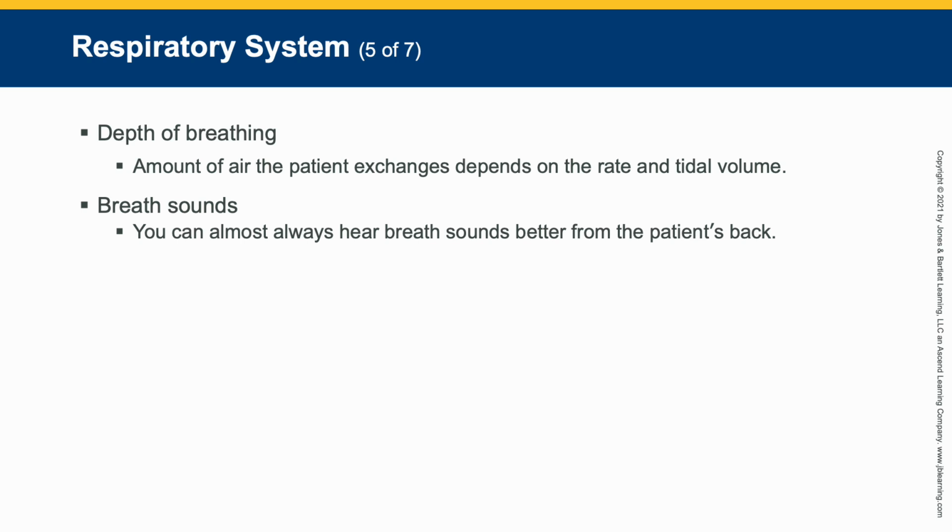So it's important to evaluate the rate, the rhythm, and depth all together to determine the overall respiratory adequacy. Remember, someone who is breathing 20 times a minute but barely inflating their lungs still isn't ventilating well. So you want to watch for poor chest excursion and be prepared to assist ventilations with a BVM, again, if indicated.